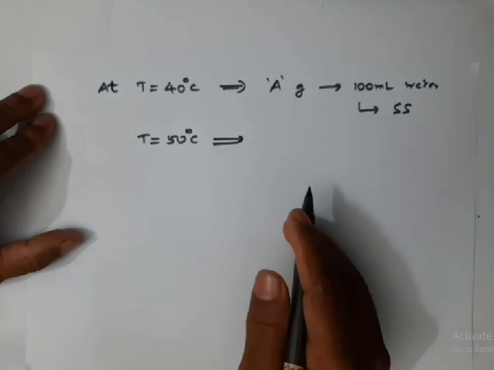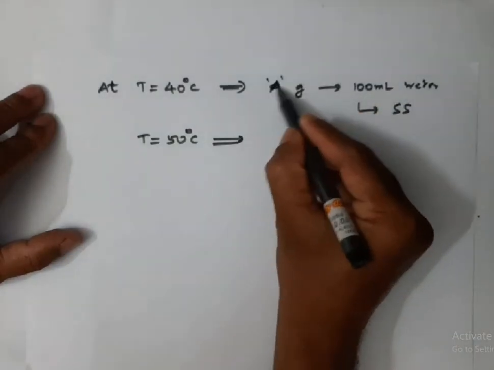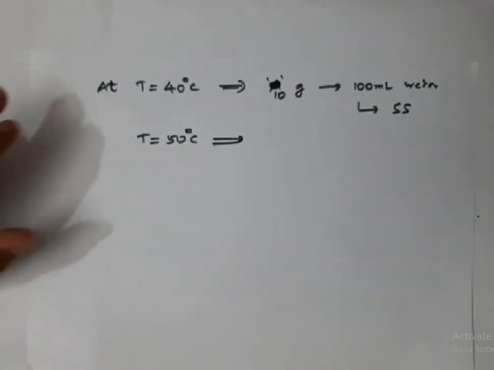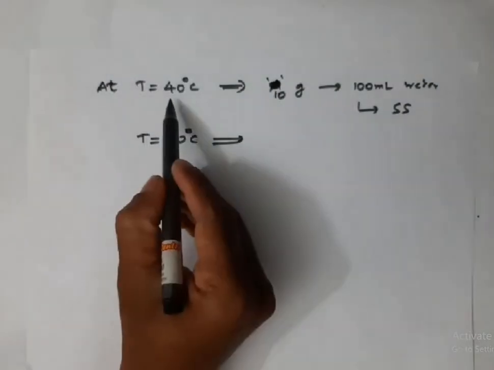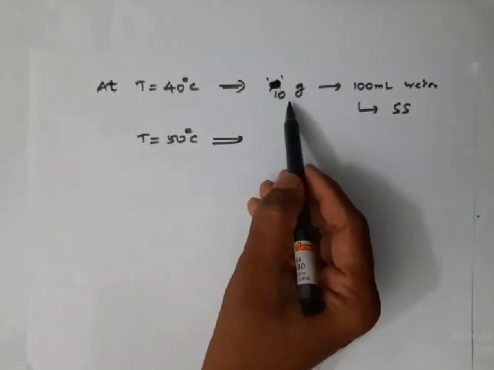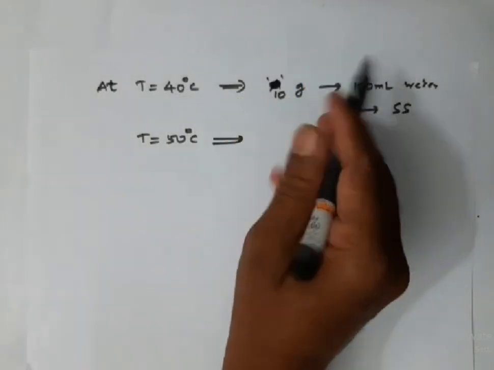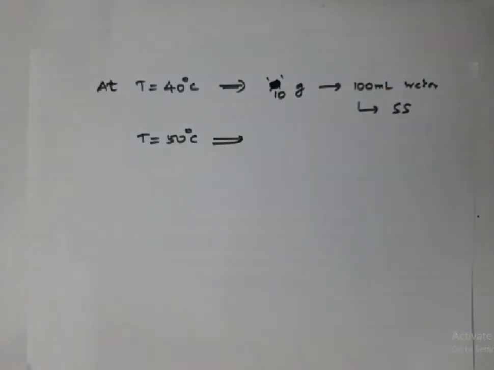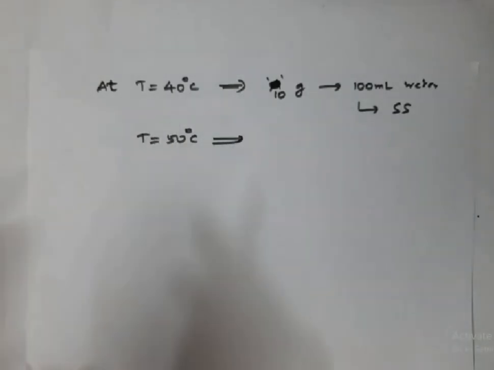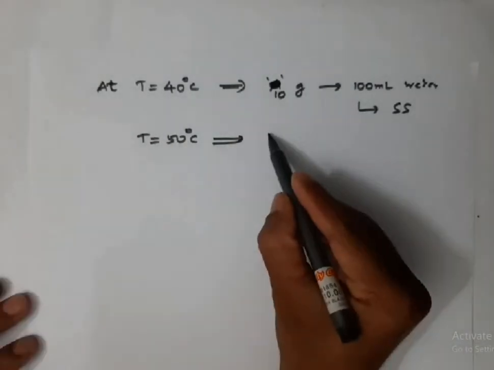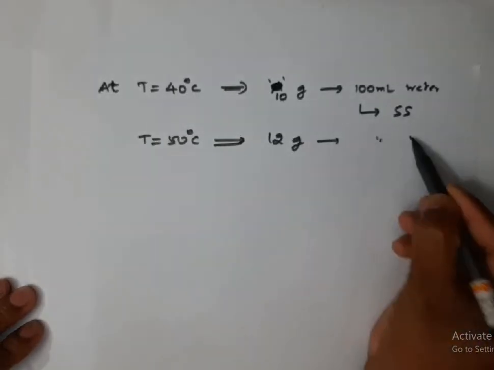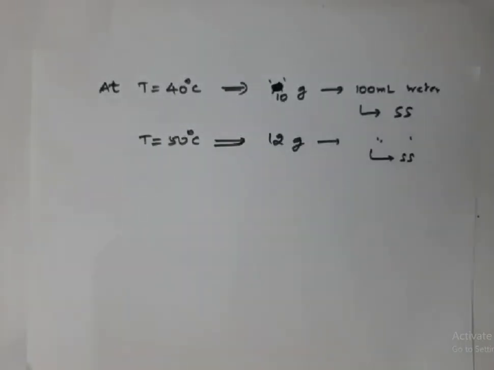Instead of A, I'll mention some weight. Students, observe carefully: at 40 degrees Celsius, I am dissolving 10 gram of solid in 100 ml of water and getting a saturated solution. If we increase the temperature, you can dissolve even more, say 12 gram in 100 ml, and get a saturated solution.